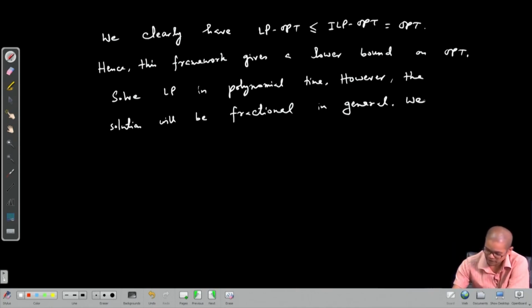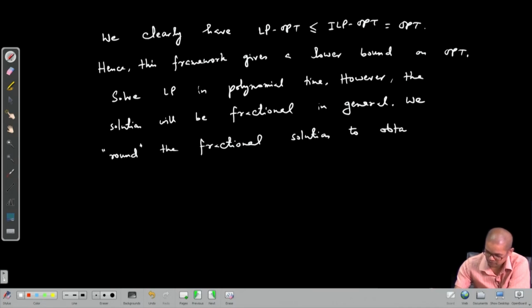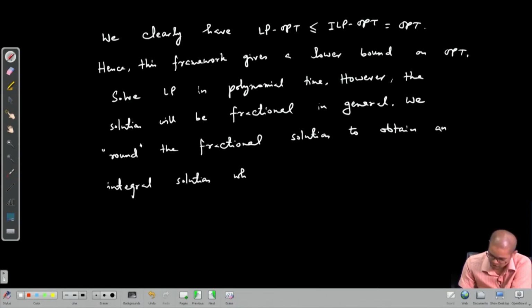So the final step is we round the fractional solution to obtain an integral solution, which in turn provides a solution to the given optimization problem instance.